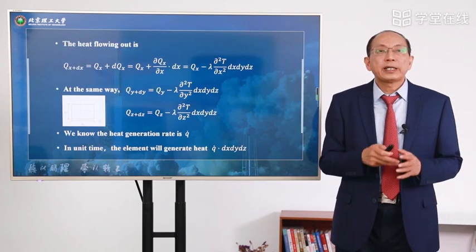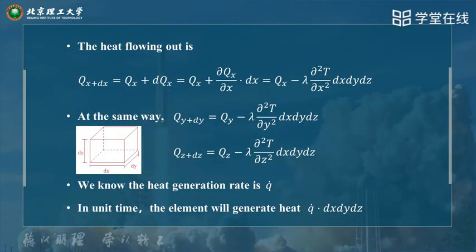Also, we can calculate the heat flowing out. Originally, we calculated the flow into the body. Also, here we can calculate the flow out from the body. At the position x plus dx, we can calculate the heat flow out. Qx plus dx equals Qx plus dQx.